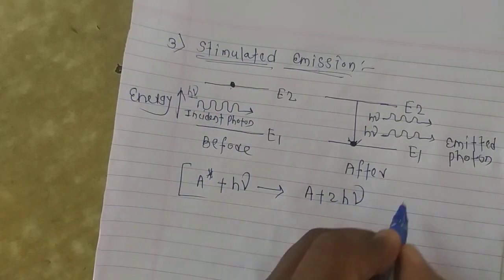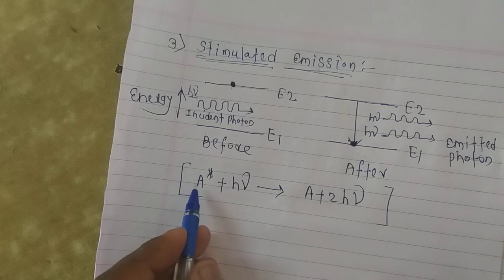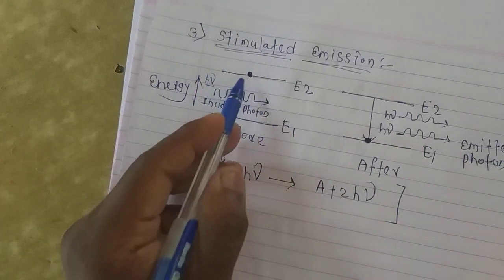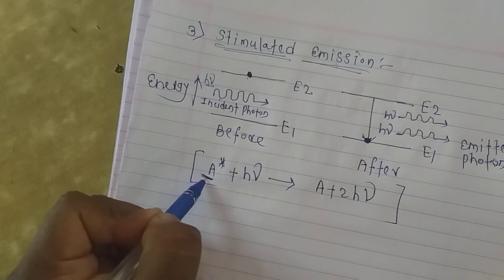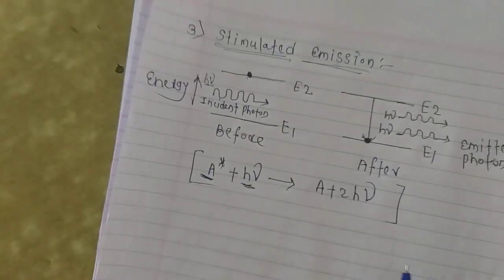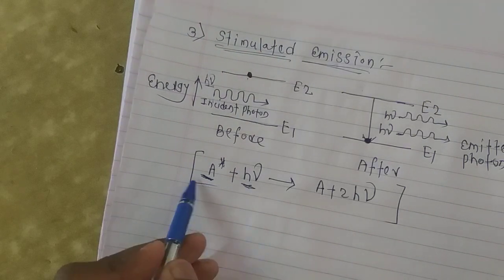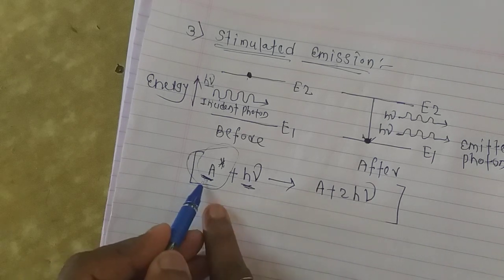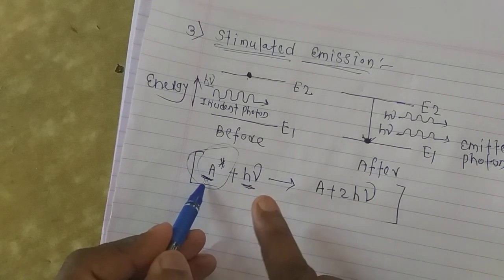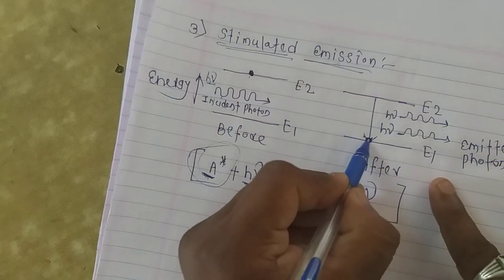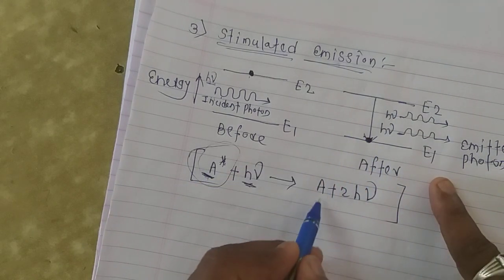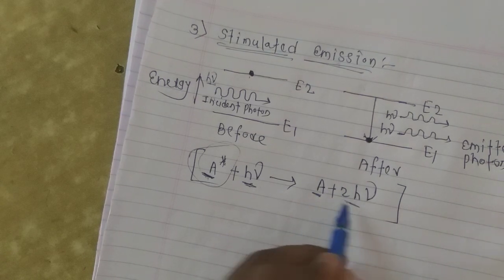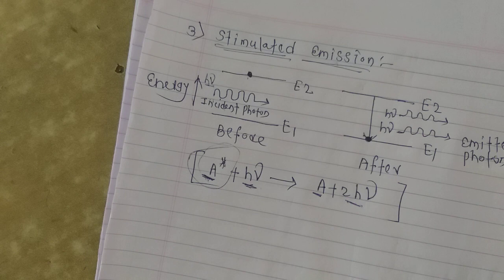The meaning of that equation: A star is the atom in excited state E2, and that excited atom interacts with the incident photon and goes to the lower level energy E1, and A is the atom in lower level energy E1, but it emits two photons.